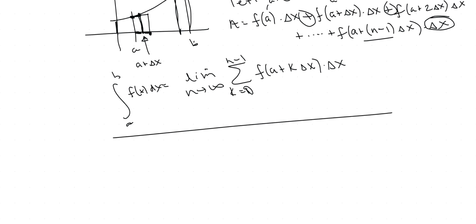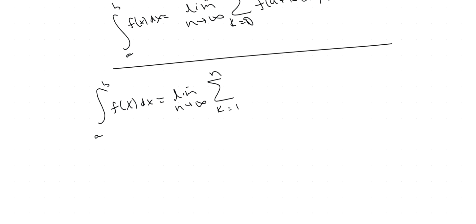Likewise, you can do it with right endpoints. It's the same thing. This is going to start at 1 and end at n. Remember, it started 1 over to the right and ended on the right endpoint, which is also going to be b.